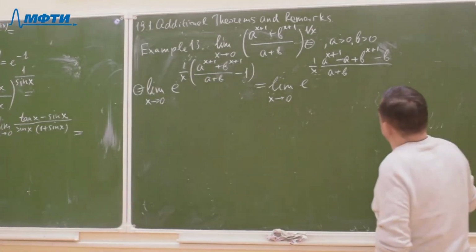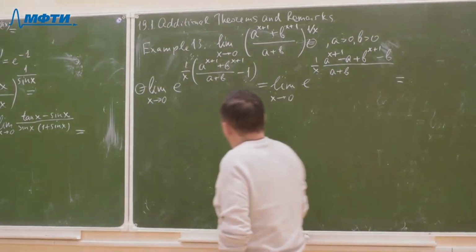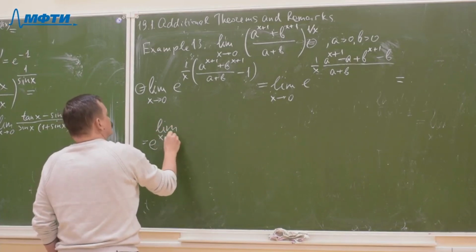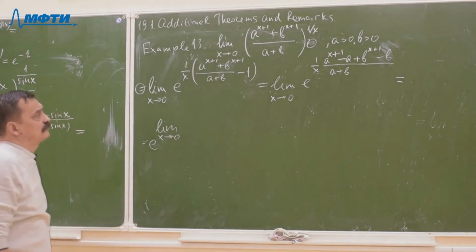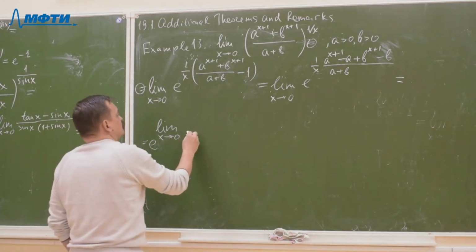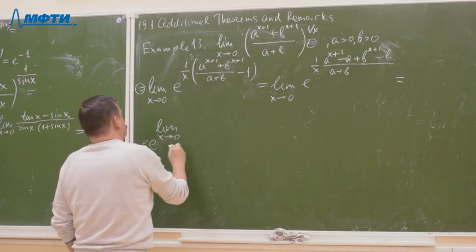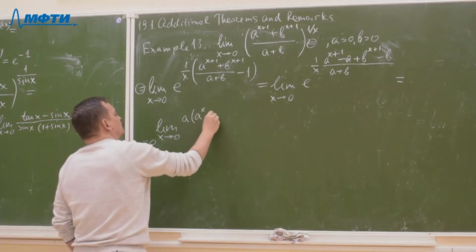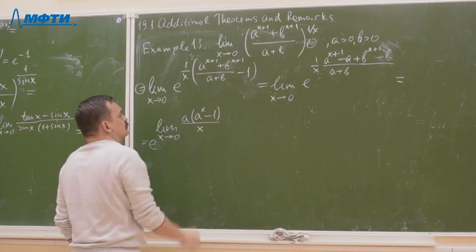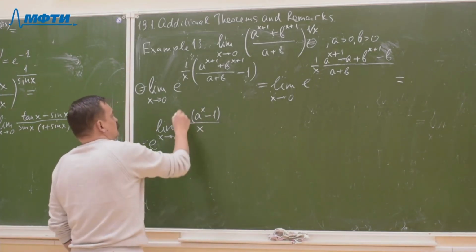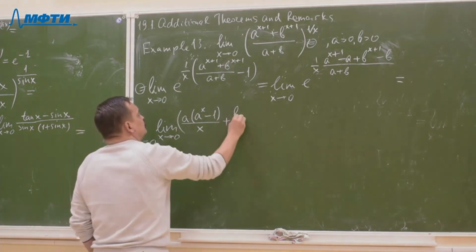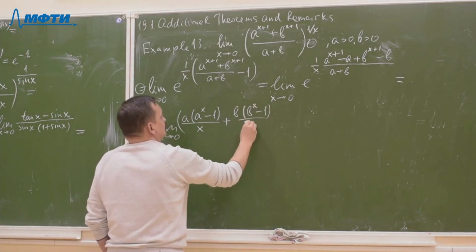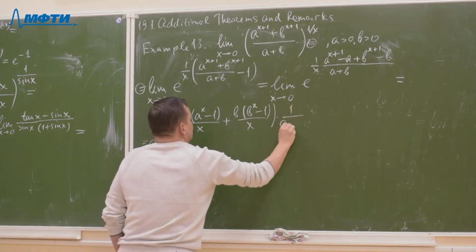So, okay, I can rewrite it as e to the power limit as x tends to 0 of (a times (a to the power x minus 1) over x plus b times (b to the power x minus 1) over x) times 1 over a plus b.